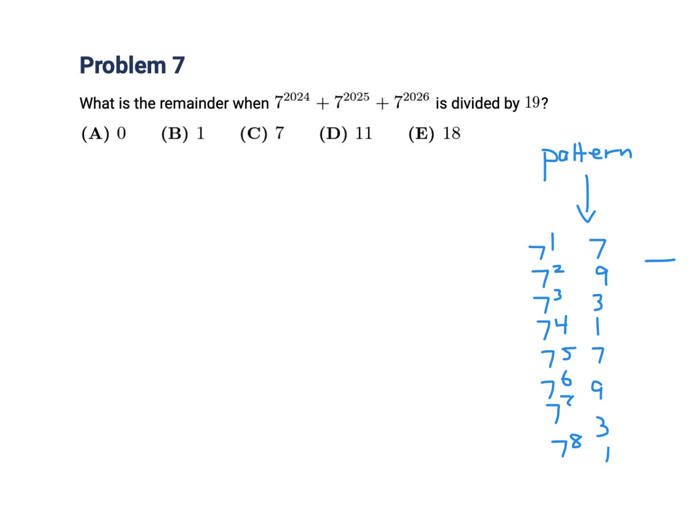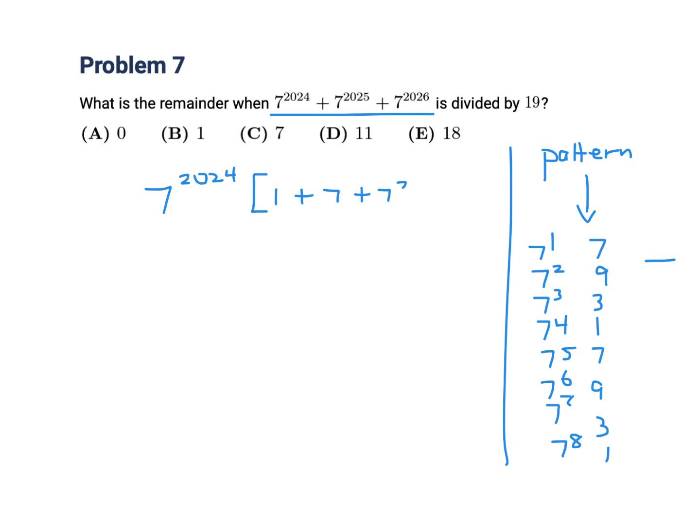But I don't think that is even necessary, because for this question, you can just factor out a 7 to the power of 2024, and when you do, you get 1 plus 7 plus 7 squared. And then this actually makes things much easier for me, because now this is easy to calculate. That's going to be 1 plus 7 plus 49, so 57.